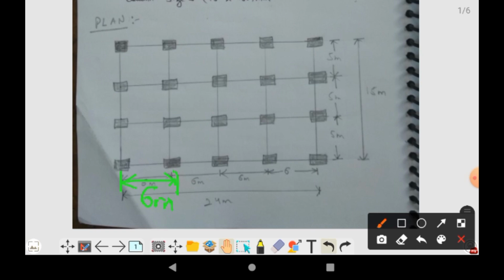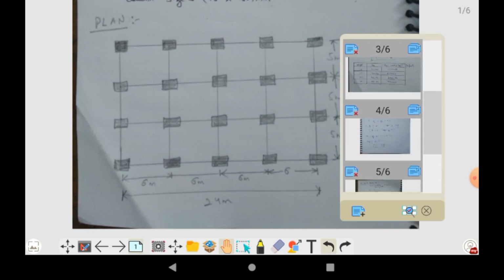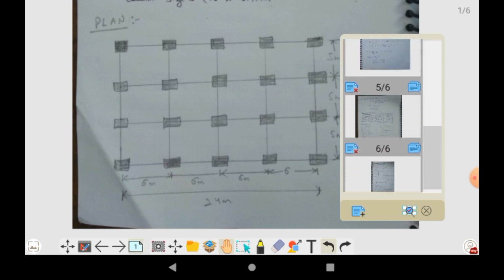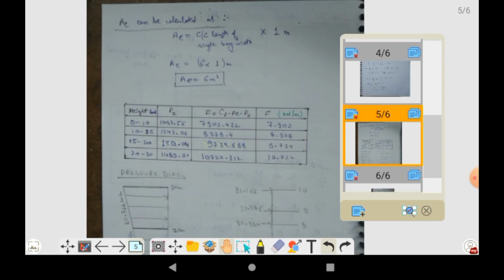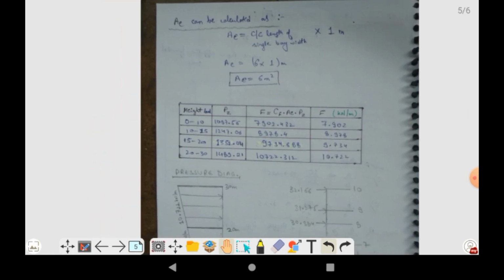So our single bay width is 6 meter, but we have to calculate according to per meter. So now we will multiply the value of 6, and as per the per meter criteria it would be 6 meter square.